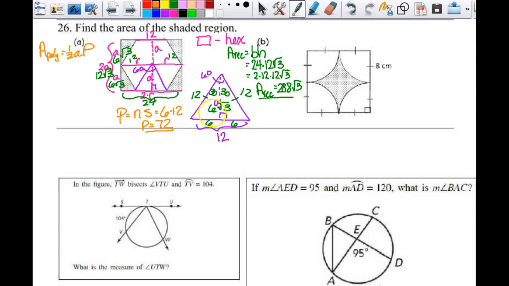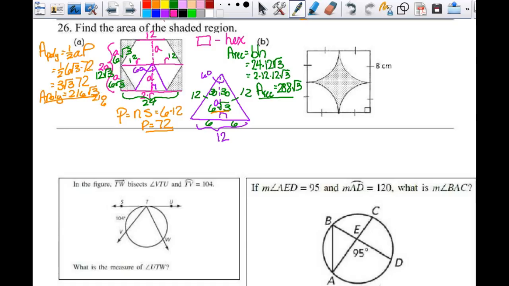And then I already found the apothem is 6 square root of 3. So I substitute this in. I'm going to do 1/2 6 square root of 3 times the perimeter, which is 72. 3 square root of 3 times 72. 3 times 70 is 210. 3 times 2 is 6. So the area of the polygon is 216 square root of 3.